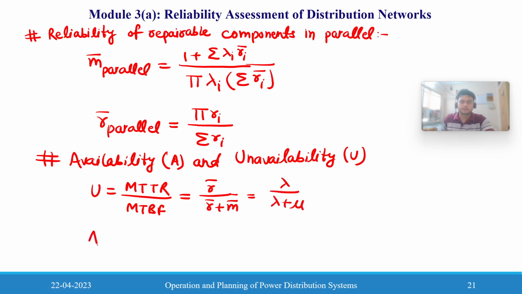A is equal to 1 minus U. So it will be m bar divided by r bar plus m bar, equal to mu divided by lambda plus mu. So this is for reliability assessment of power distribution network.